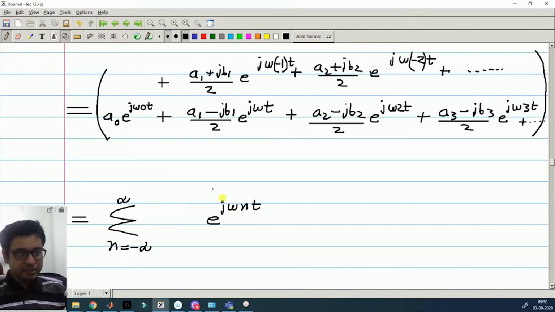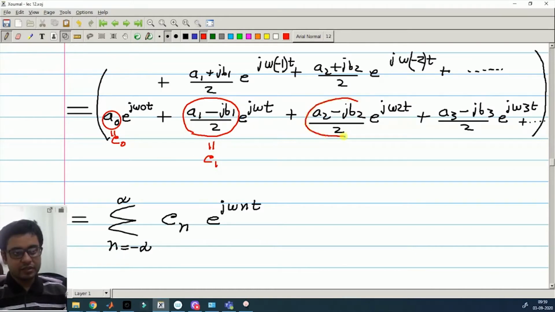And then these are multiplied with some coefficients, call them Cn, C for coefficients. So then it means a0 is defined as C0. This term is defined as C1.